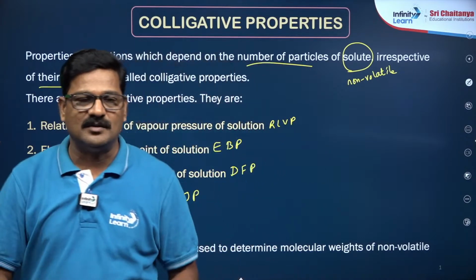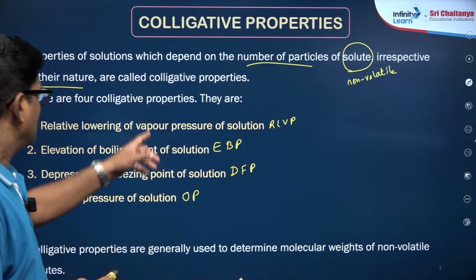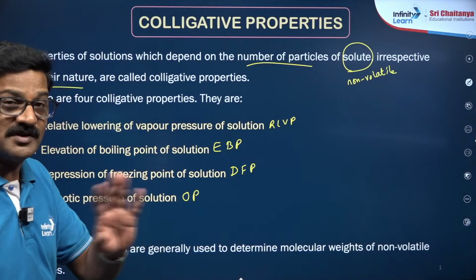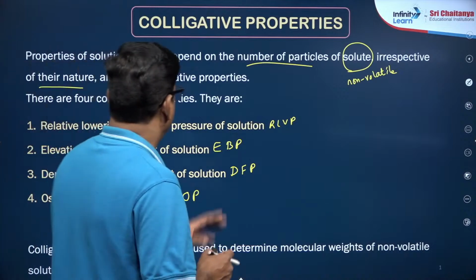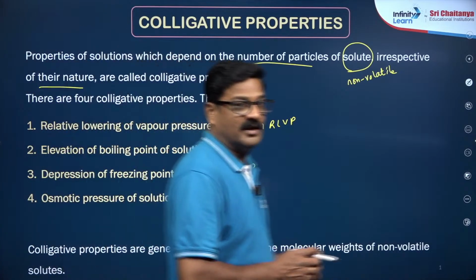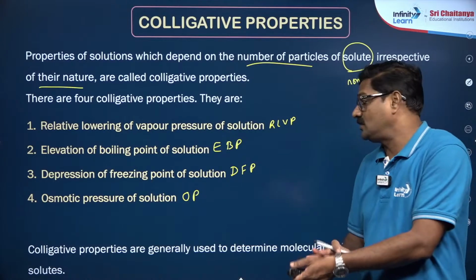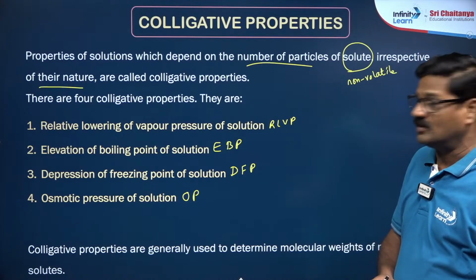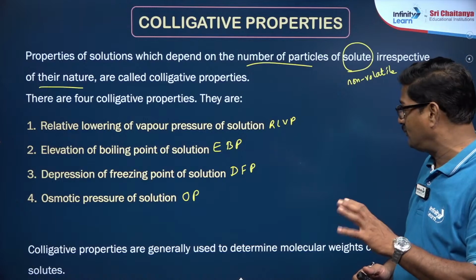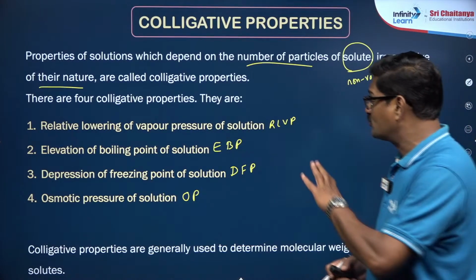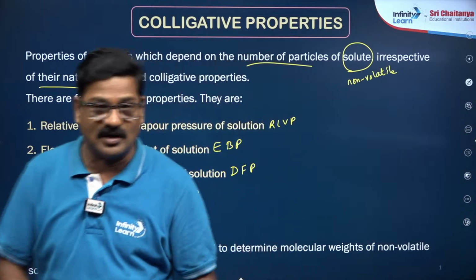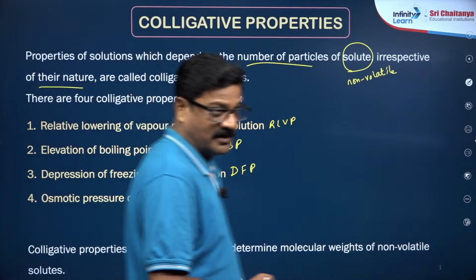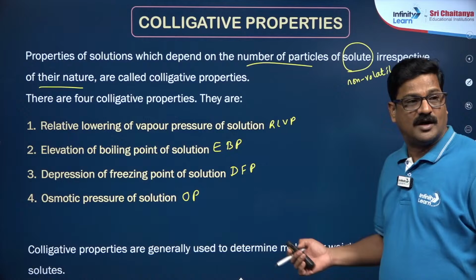I just want to mention one thing here, my dear students. Relative lowering of vapor pressure is a colligative property, but lowering of vapor pressure is not. Elevation in the boiling point is a colligative property, but boiling point alone is not. Similarly, depression in freezing point is a colligative property, but freezing point alone is not. Osmotic pressure is a colligative property, but osmosis is not. So questions like which of the following is or is not a colligative property are likely to be asked.